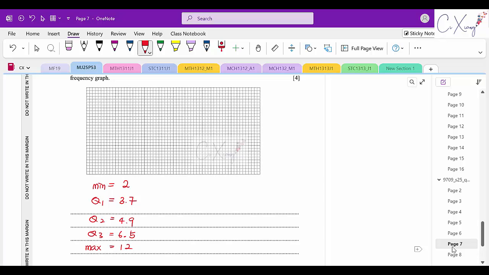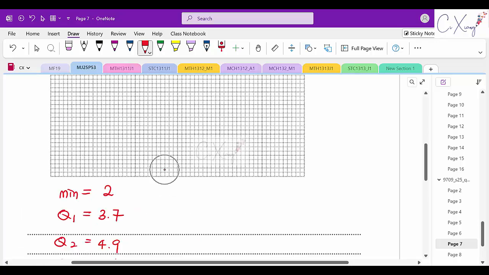Alright, let us start with the drawing part. You need to make sure that you put in the scale for the x-axis. I can't draw it very nicely, so let me draw it nicer. Put it larger first.